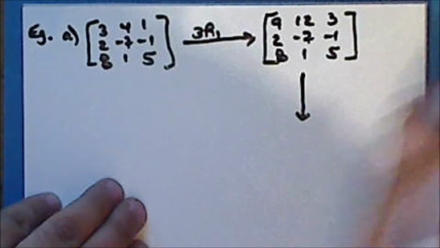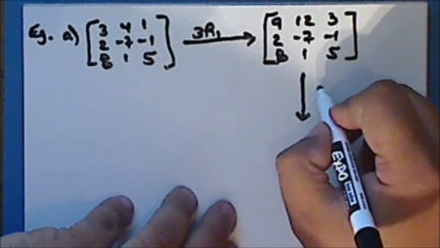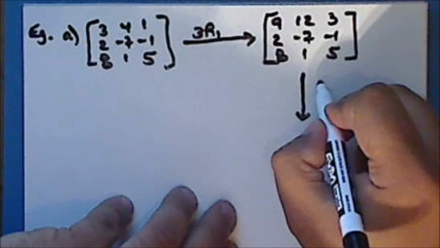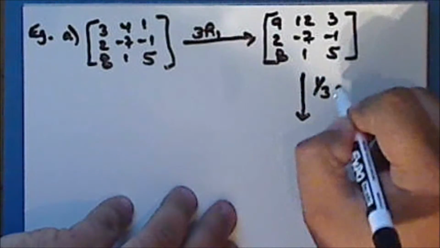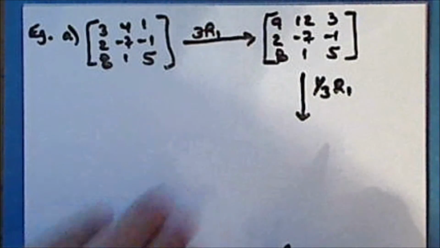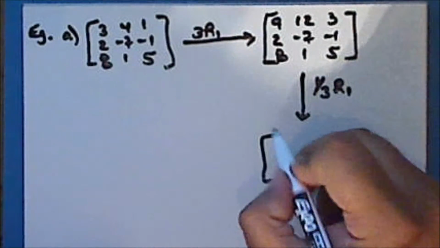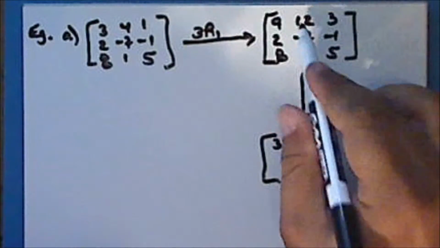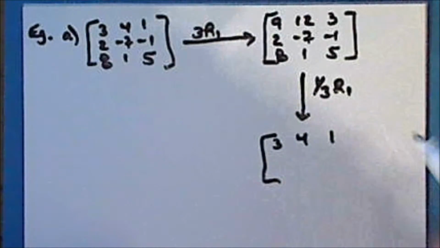So next, we will perform the elementary row operation of multiplying row 1 by the non-zero constant 1/3. 1/3 of 9 is 3. 1/3 of 12 is 4. 1/3 of 3 is 1.